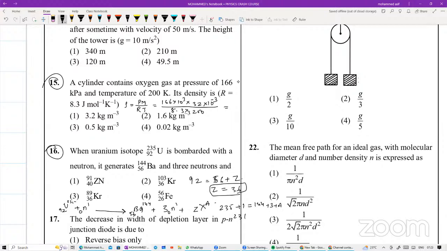This will be 236 minus 147, ये इधर आ जाएगा. तो कितना आ रहा बेटा, ये is equal to 236 minus 147, 89. So 89th element है, third option है. चलिए.